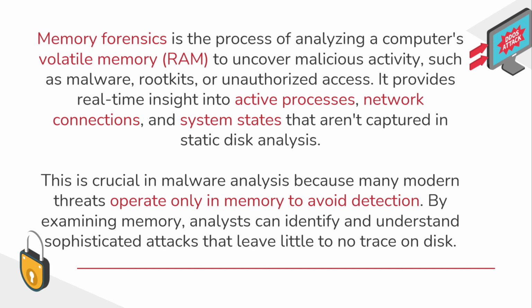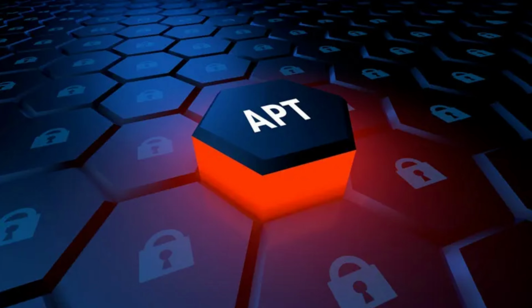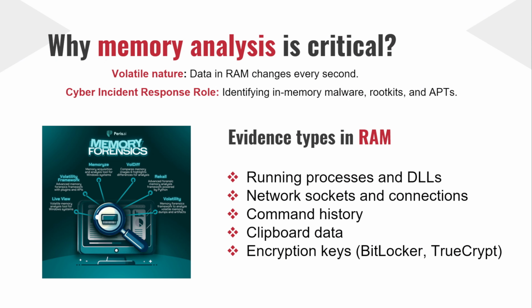By examining memory, analysts can identify and understand sophisticated attacks that leave little or no trace on the disk. So, why is memory analysis critical? First, the volatile nature of RAM, which changes every second. In cyber incident response also, identifying in-memory malware and rootkits used by APTs is very essential.